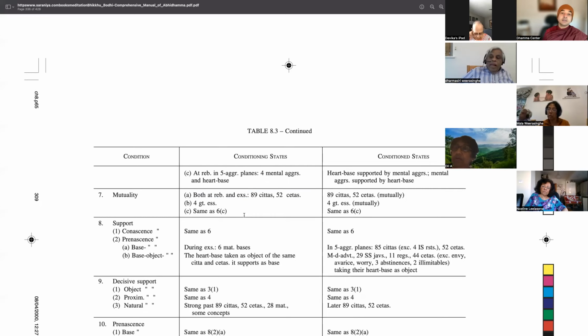When you reverse that, vice versa is like that. Eliminate sankhara, then there's no avidya.